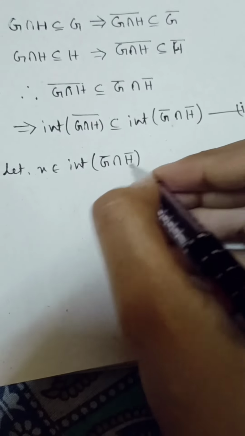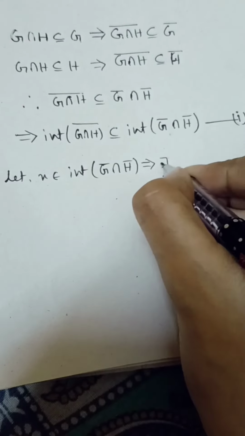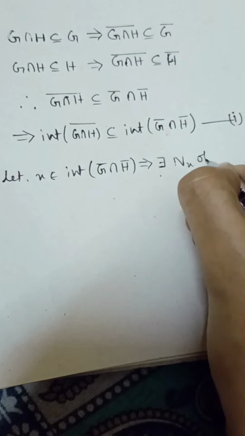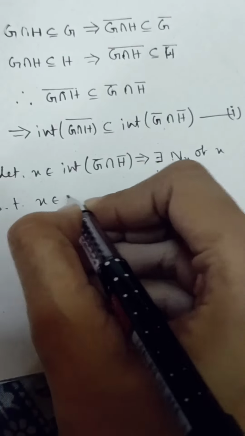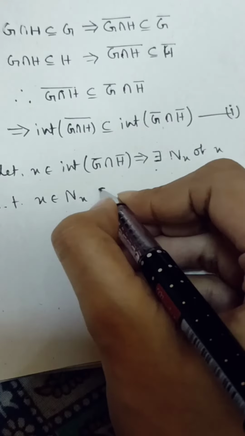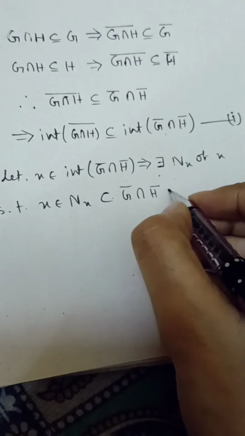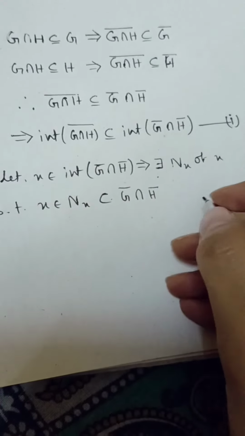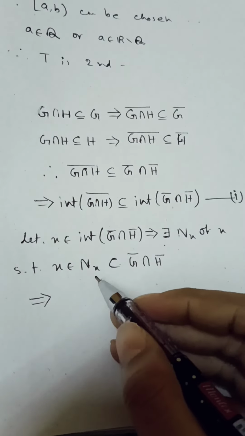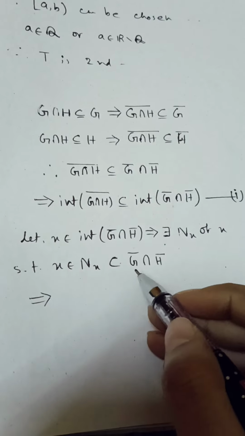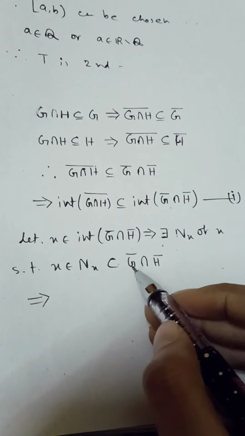Since x belongs to the interior of some set, there must exist a neighborhood Nx of x such that x belongs to Nx, which is totally contained in G bar intersection H bar.